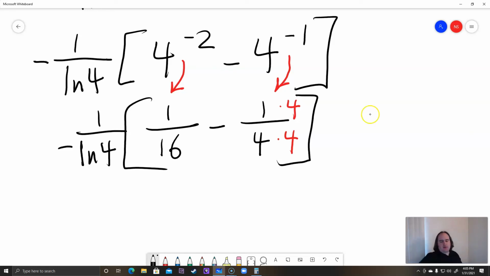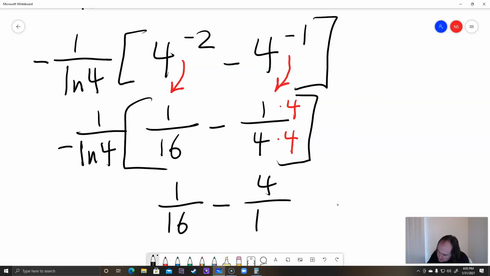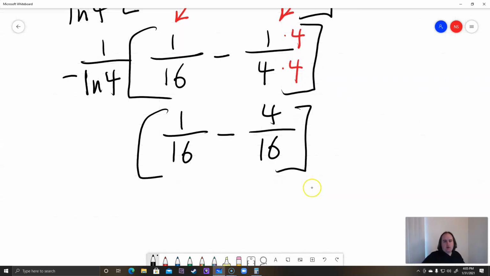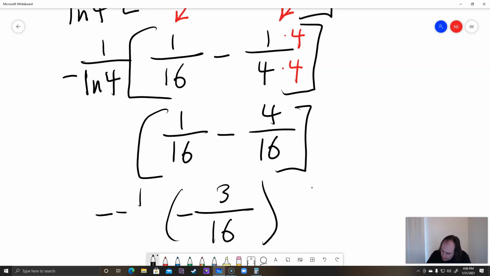Okay, so to build them to the same denominator, I have to multiply this one by 4 on the top and the bottom. Okay, so that's going to give me 1/16 minus 4/16. And we know that 1 minus 4 is negative 3. Okay? So you should have negative 3 over 16. But then out front, we still have the negative 1 over ln of 4. Okay, and then these minuses are going to cancel out.